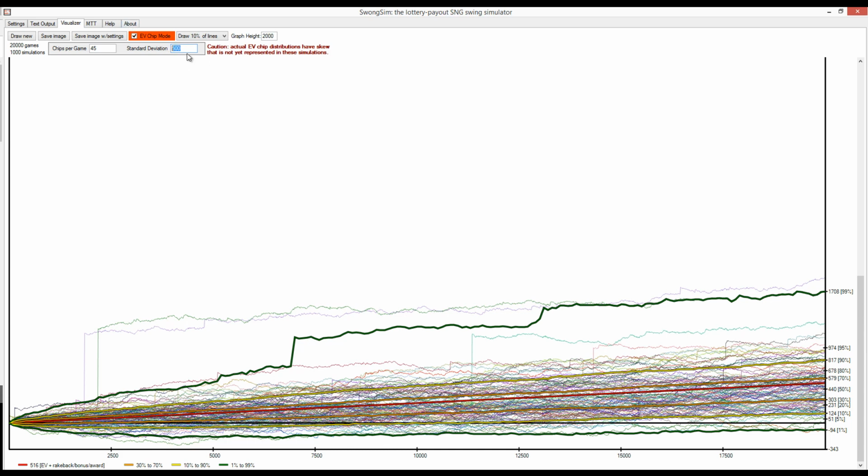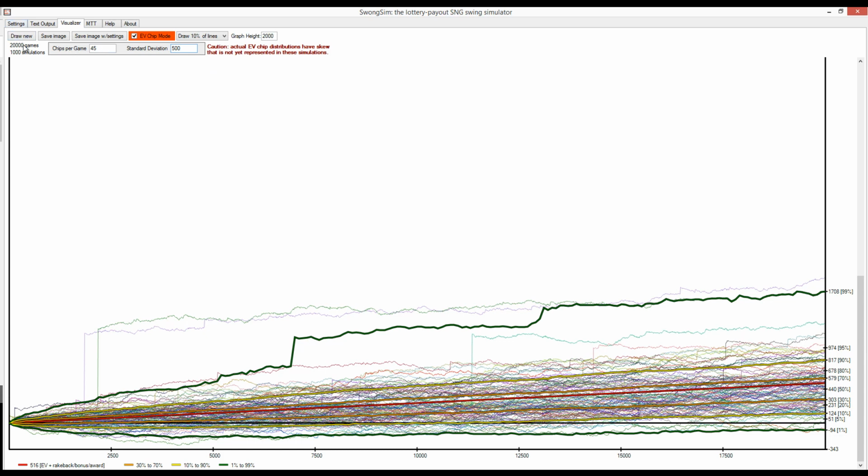I think it's a pretty reasonable approximation. It also happens to be one buy-in. So the idea is, on average, you earn plus or minus one buy-in's worth of EV chips, which in an average Spin & Go you probably don't earn that many, but there are Spin & Gos where you lose or earn more than one buy-in. And again, this model doesn't have all that skew. So I think this is a really good way of doing it.